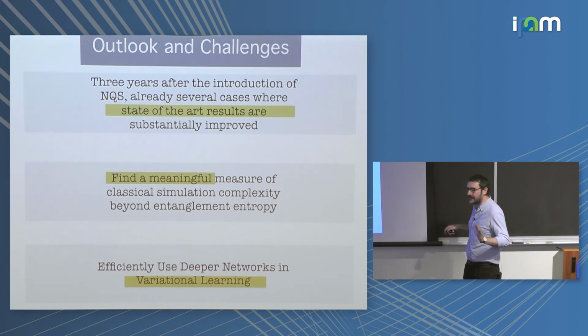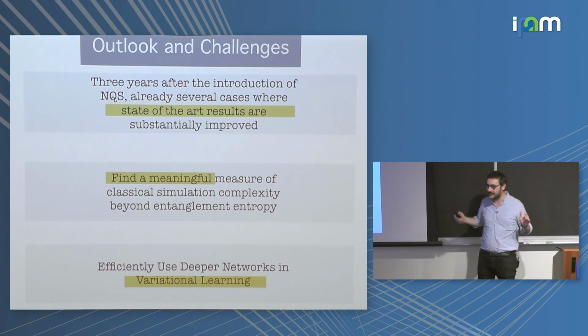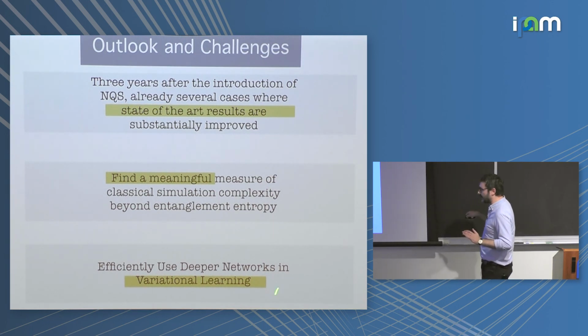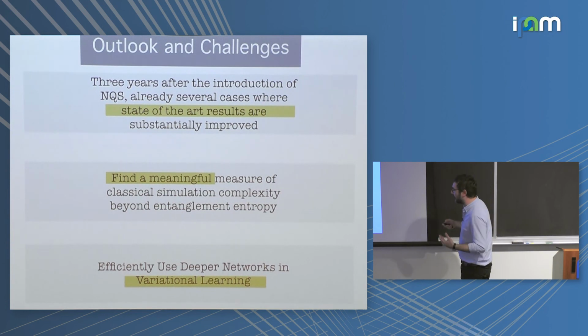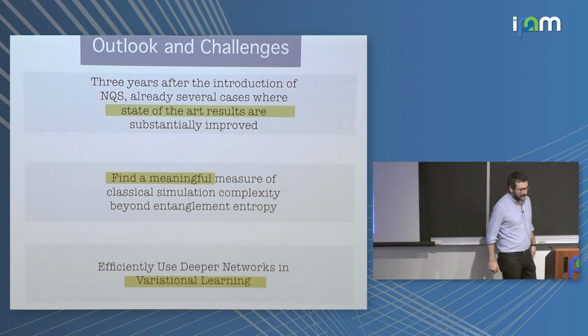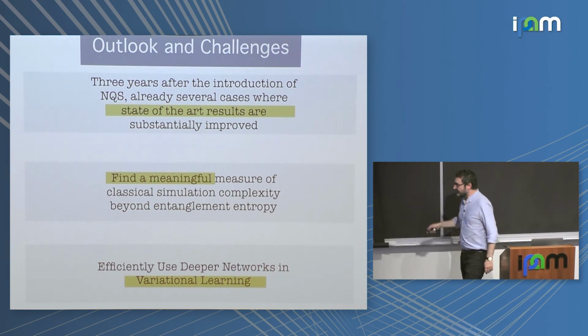Most of our things are done with RBMs, which are not the latest developments in the field, but there's a lot to be done there to really improve upon the existing approaches. And from a complexity point of view, it would be interesting to find a measure of complexity which goes beyond the standard measure that people have in quantum information, which is entanglement entropy.